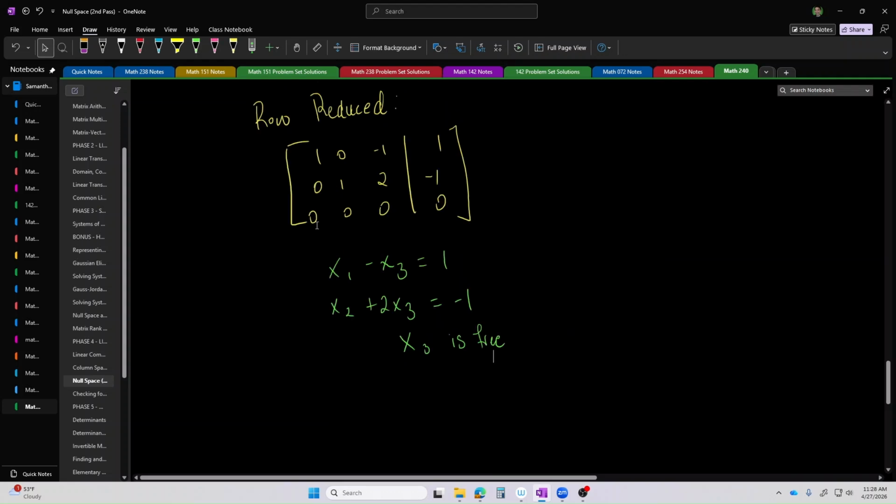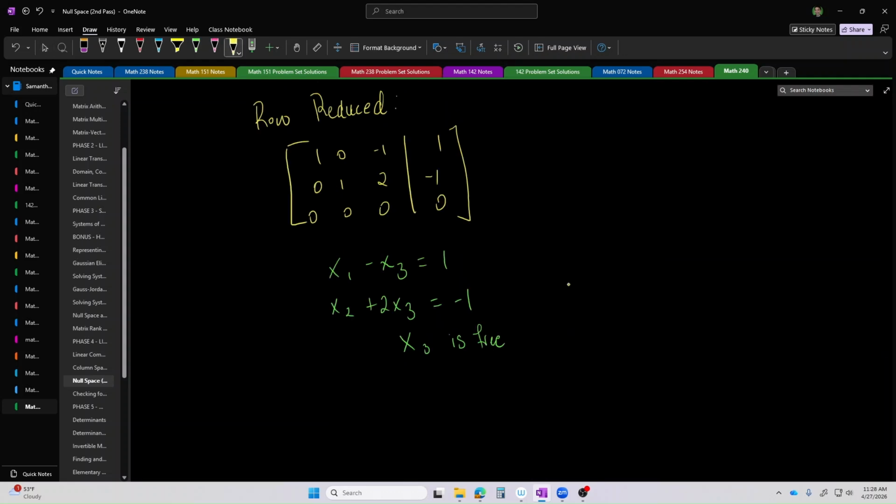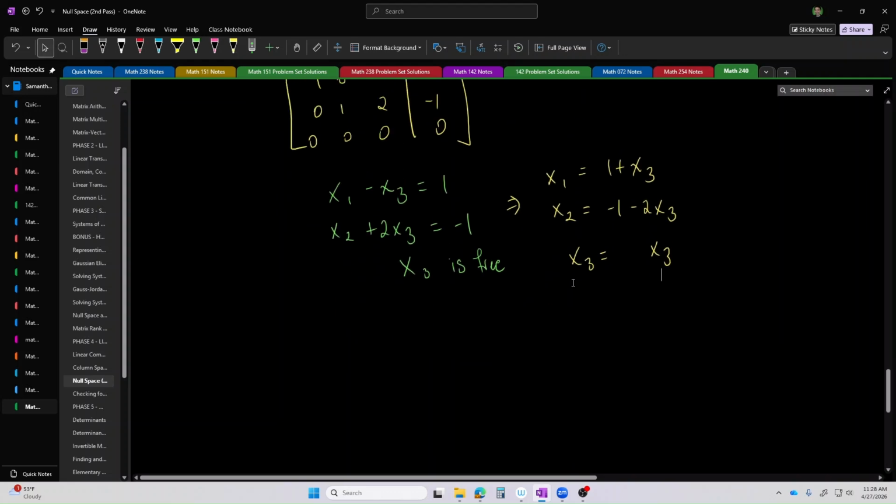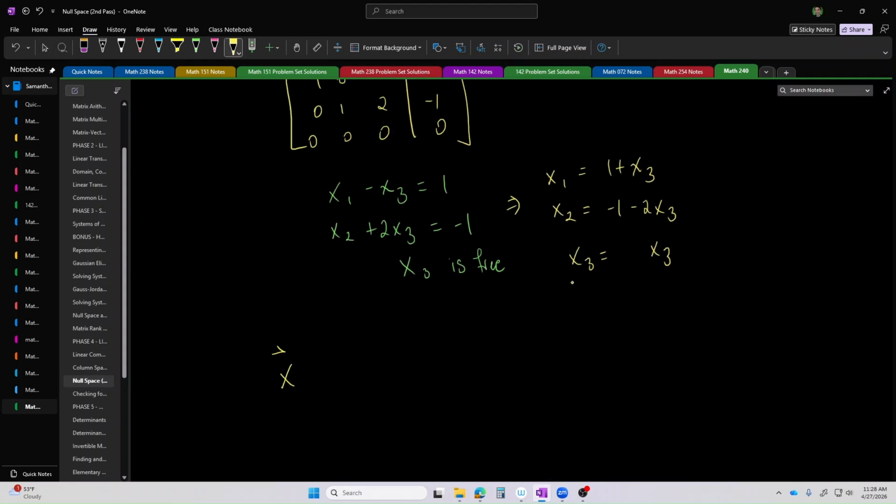I can rewrite every component of the solution in terms of my free variable. I can say that x1 must be equal to 1 plus x3. I can say that x2 must be equal to minus 1 minus 2x3. And I can say that x3 must be equal to itself. So I can take the entire solution and I can express it as a combination of two vectors.